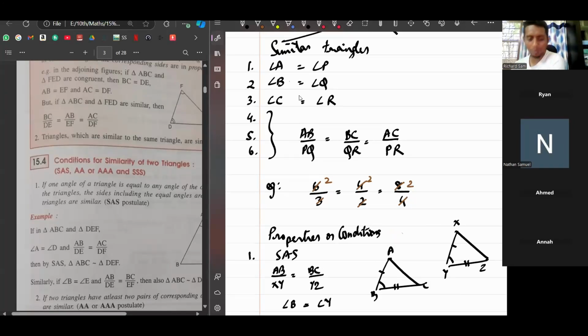There's another name also. Properties, conditions are also called postulates. The word postulates you'll see used more in the book. See SAS postulate. Okay, is everyone done with this?